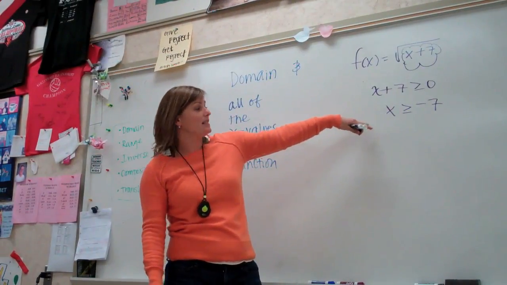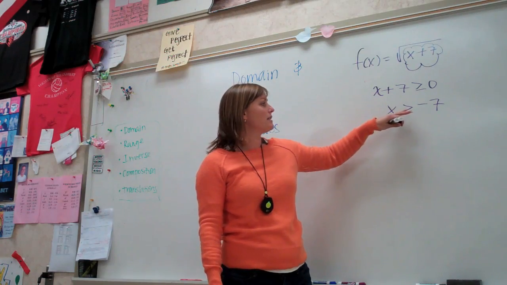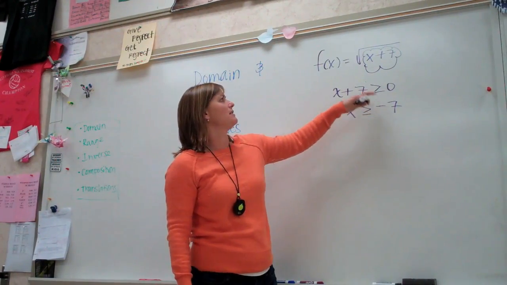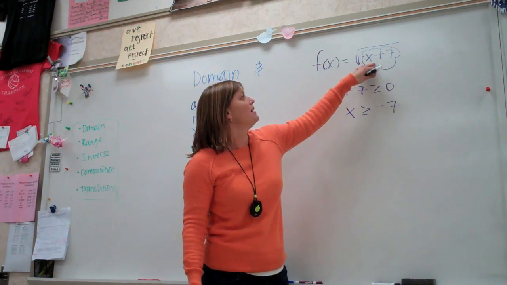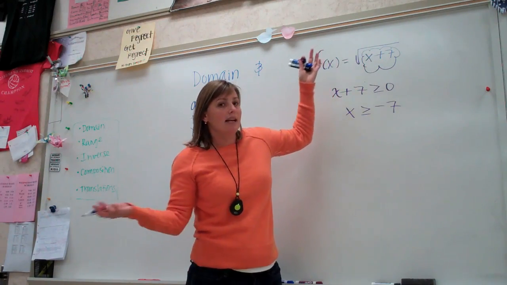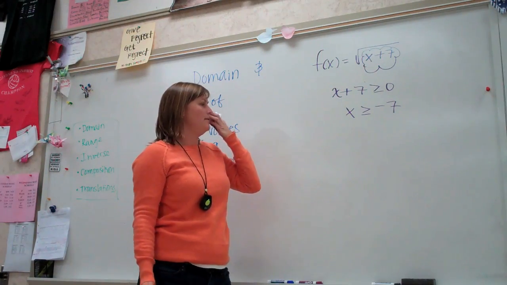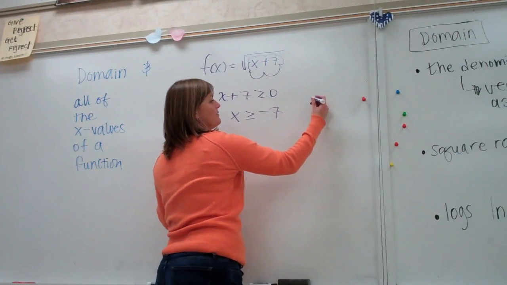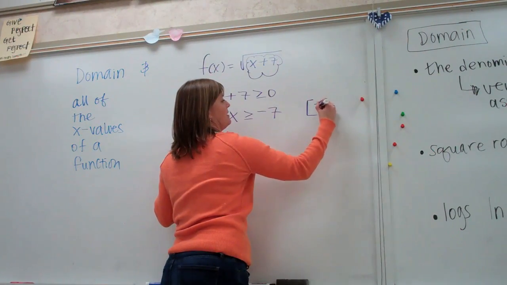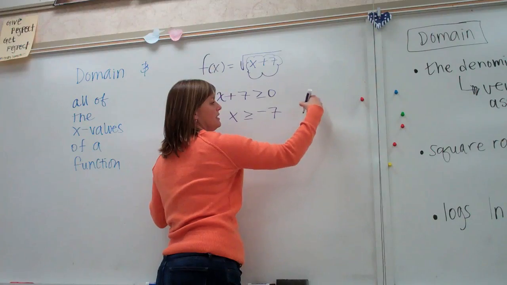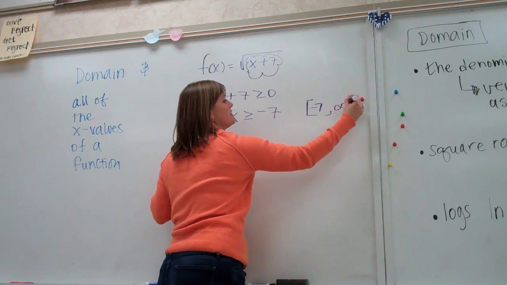You can't plug in values smaller than -7. If I plugged in -10, I would get -3, and you can't take the square root of a negative number. In interval notation, we start at -7, included in the box, and go forever to infinity.